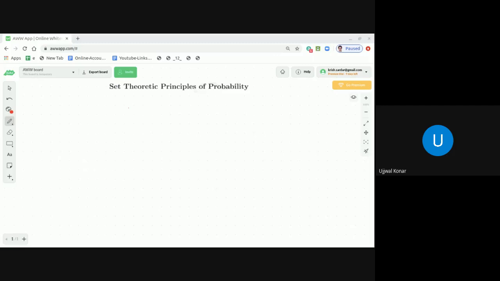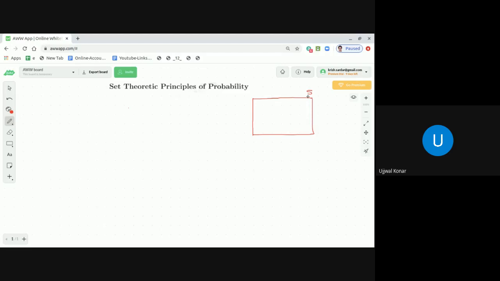Suppose our event is that while throwing a die, which is a random experiment, getting an even face. The entire sample space has 1, 2, 3, 4, 5, 6. That is the entire sample space.